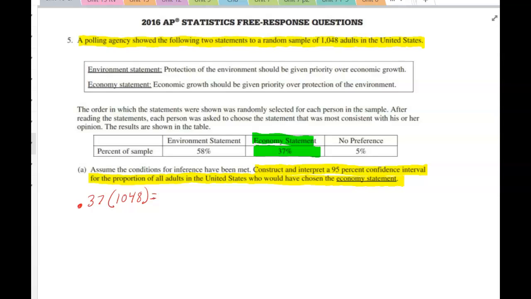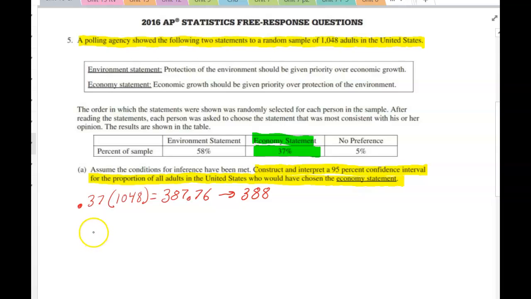When we do that on our calculator, we get 387.76. Now, since we can't have 0.76 of a person, I'm going to round, so 388. If I got 387.2, I would round down.